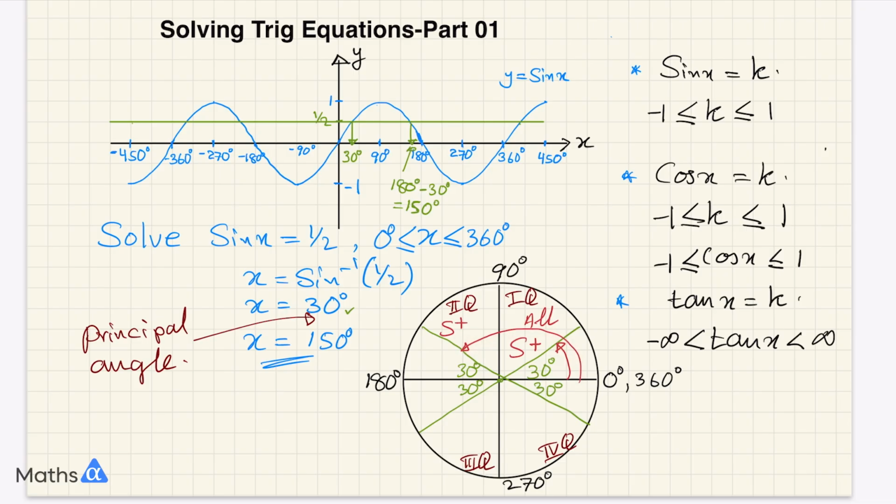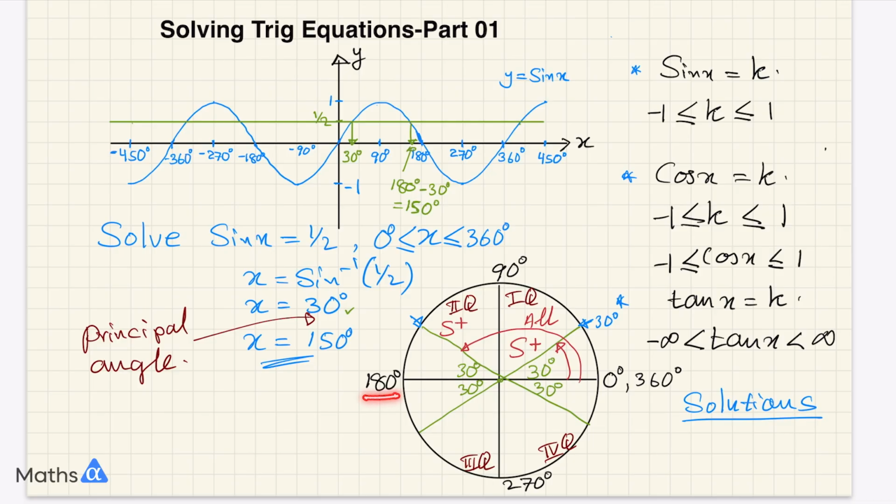So now we can write the solutions to this trig equation, sin x equals half, using this CAST diagram. The first solution is here, this is 30 degrees, and for the second solution, how can we read this? Up to here is 180, right?